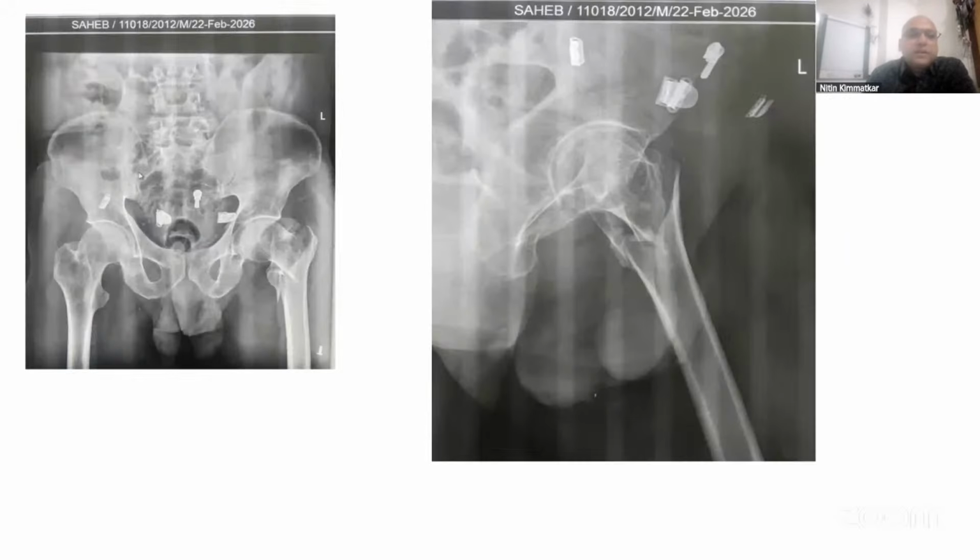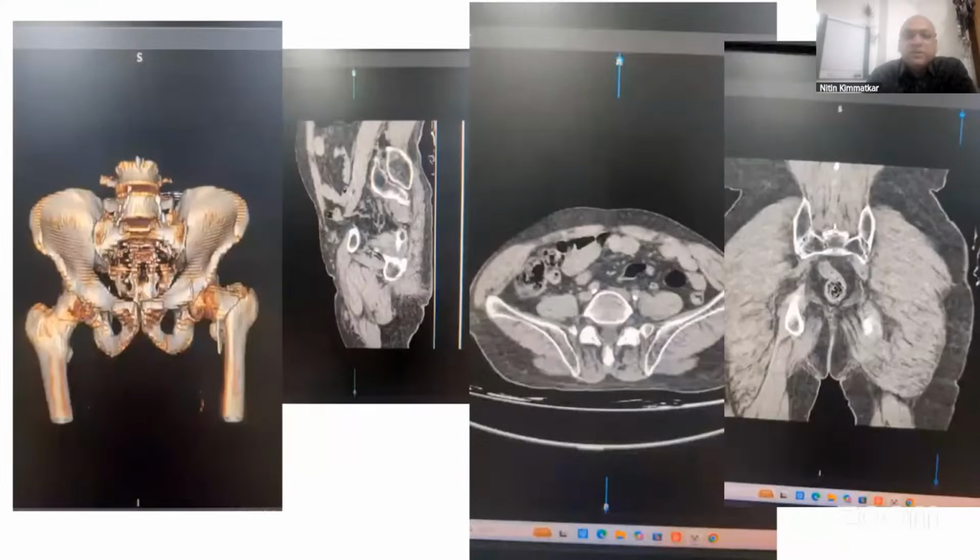Another patient, same 4-part fracture, was analyzed with the help of CT scan. Here he has a long beak of a posteromedial fragment.